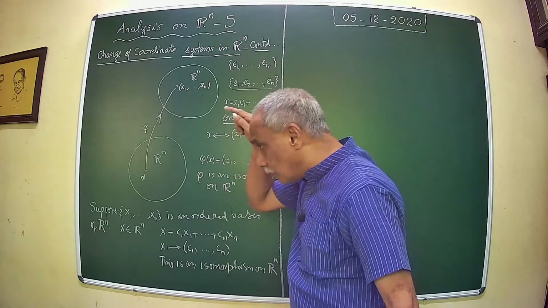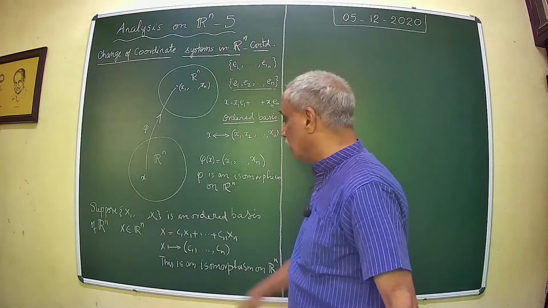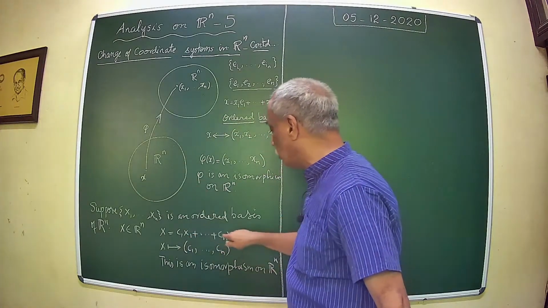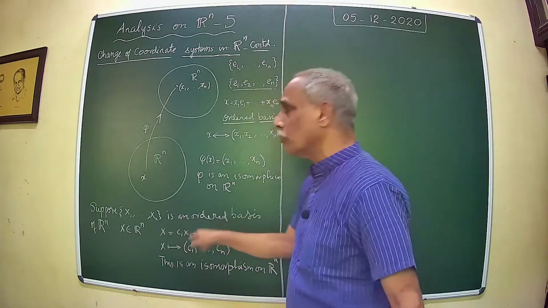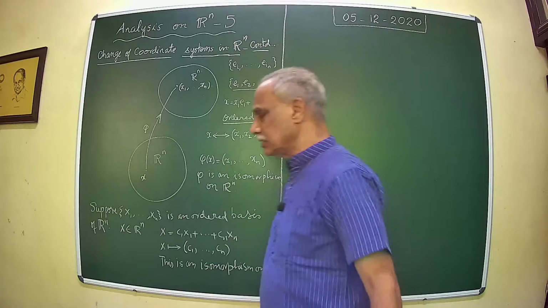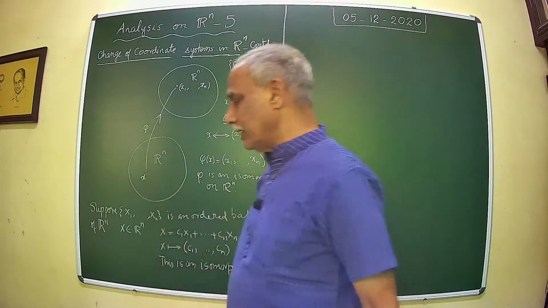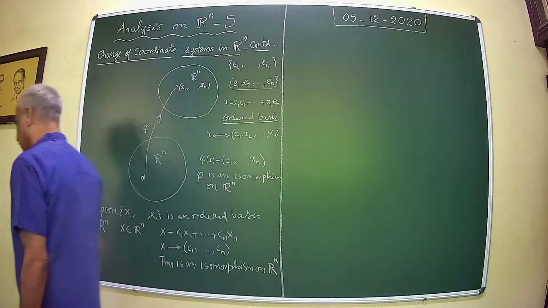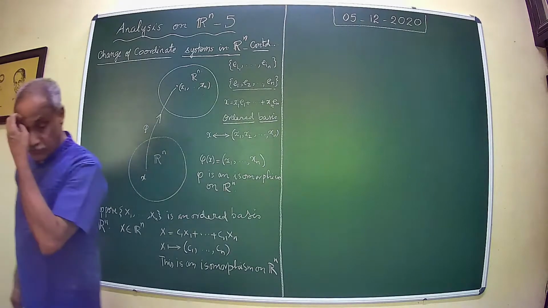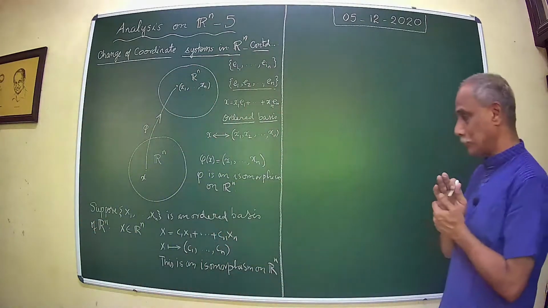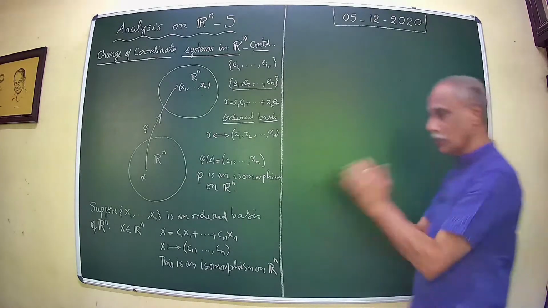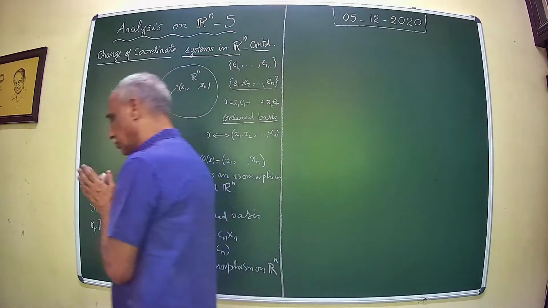Now one thing that you should observe is that if you were to change this ordered basis into some y1, y2, etc., yn, then you are going to get a different image, as it would have been clear from the consideration that we made in the last lecture of R^2. So this is essentially a choice of the coordinate system for the space.